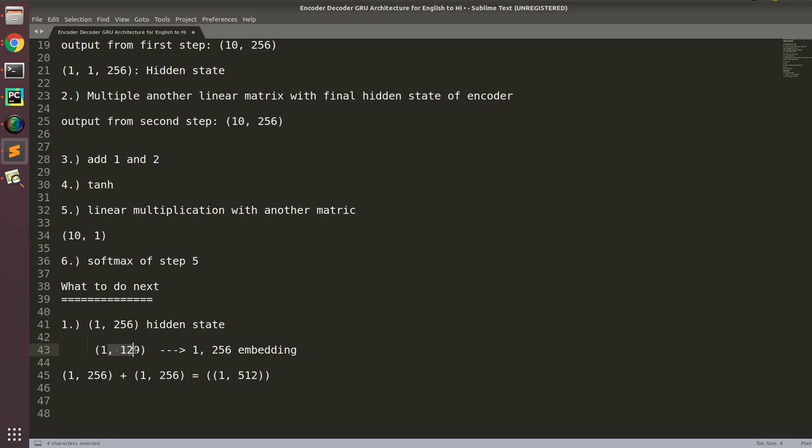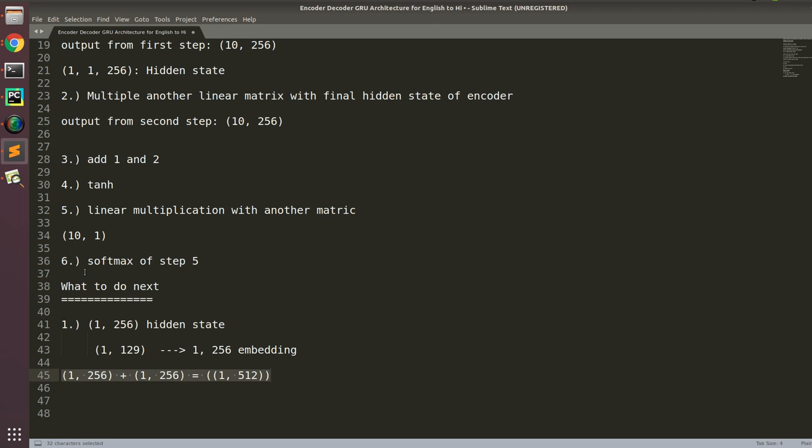To make them the same, we change the shape by creating another matrix called the embedding matrix. You can name it anything. We also saw that the overall input to the decoder GRU cell is 1 by 512. It is double the size of the hidden size, so we have to create the decoder GRU cell with input size equal to the hidden size multiplied by 2.